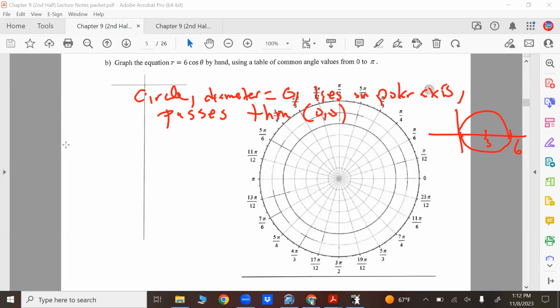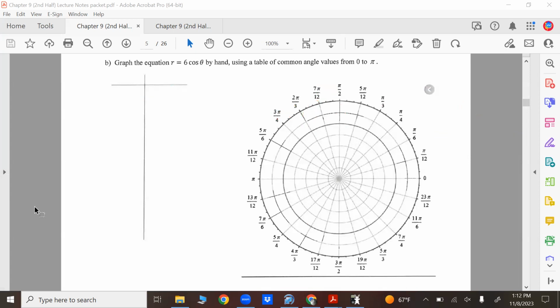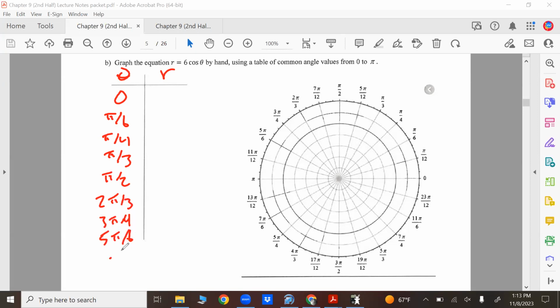But if I were to actually do this by hand, this will be theta, and this would be r. And if I do a few theta values, like the first quadrant for sure, and then all the axes, oh, we're going from 0 to pi.